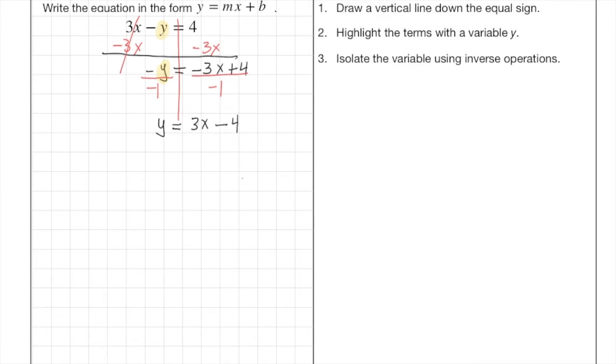And that's how you turn the equation into the form y equals mx plus b. And that's all. You're doing inverse operations to leave the y by itself.